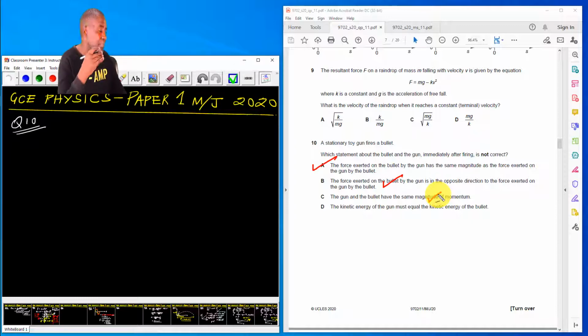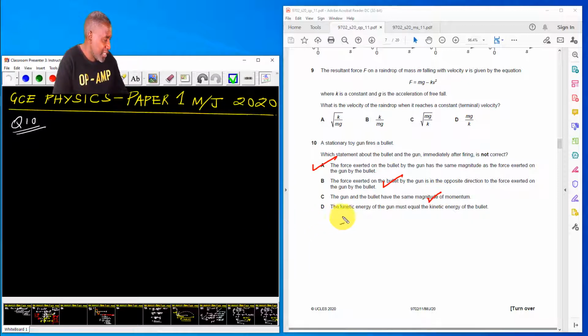And in parts A and B, we have already agreed that these forces are the same. So if you remove time from both sides, you find that the change in momentum of the bullet and the change in momentum of the gun are equal but in opposite directions.